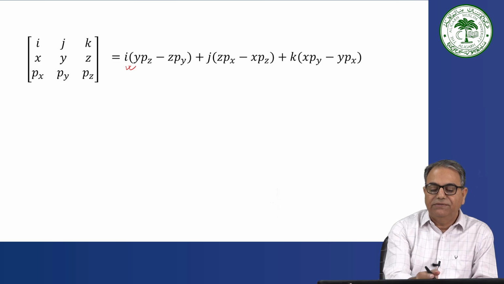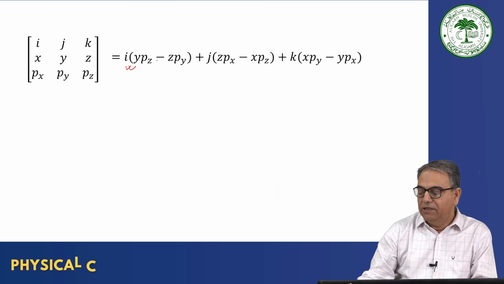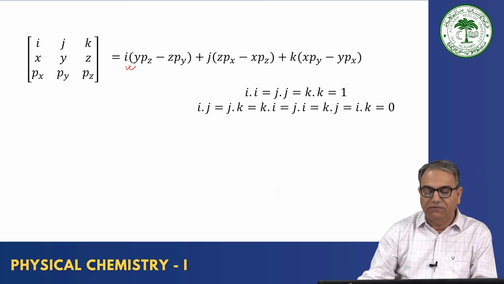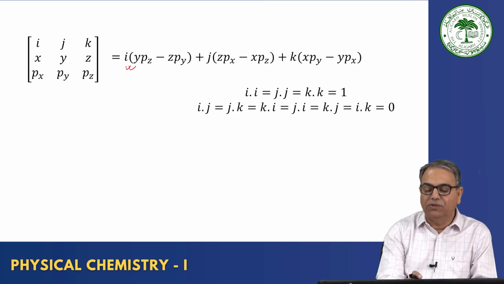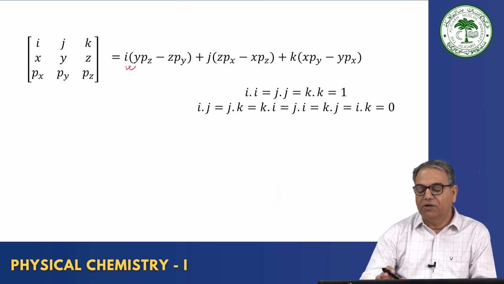Okay. So this equation can be written in this form. Now, this was all cross product. You should know the dot product also. All dot products of ii, jj, and kk are equal to 1, and all of ij, jk, ki, ji, kj, ik are equal to 0. Okay.